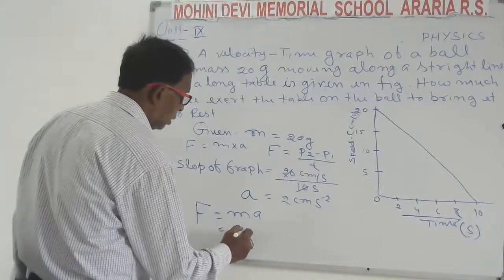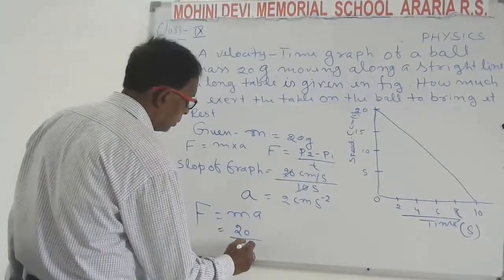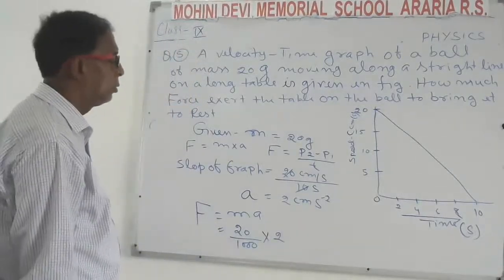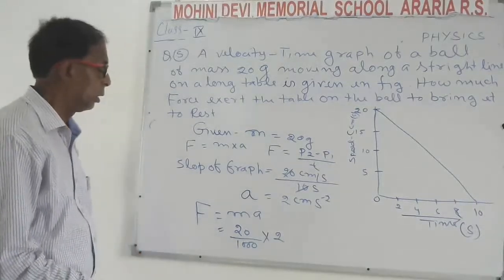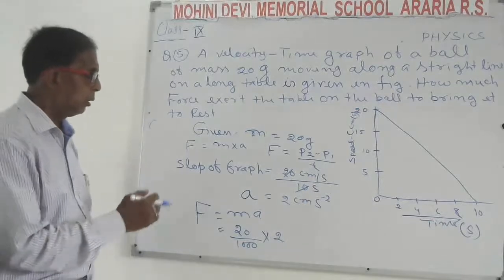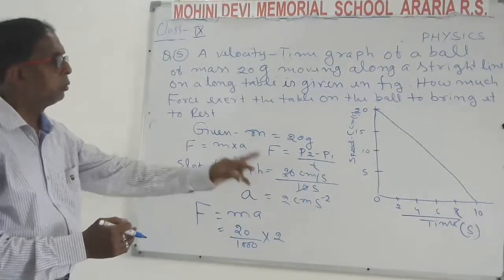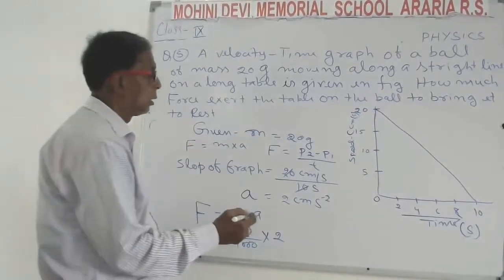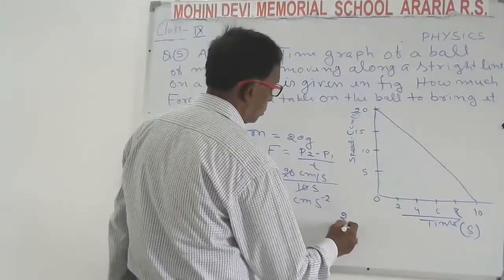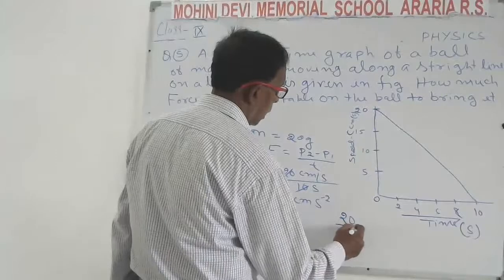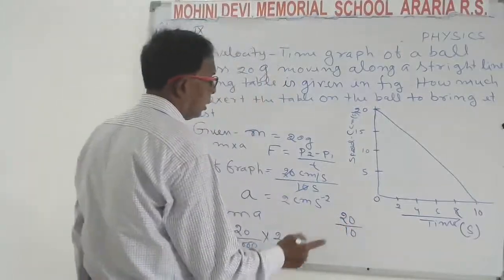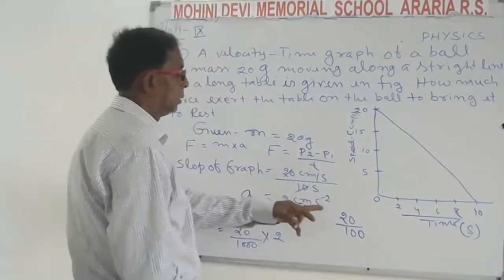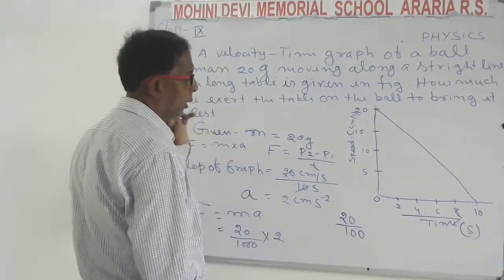So you have to convert the mass into kg. It means 20 by 1000. And the acceleration, centimeter is also converted into meter. 100 centimeter is equal to 1 meter.